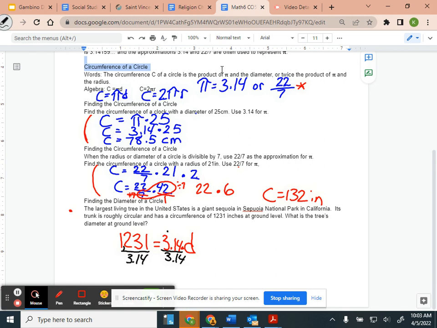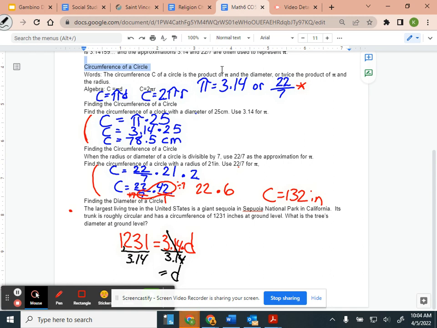3.14 divided by 3.14, we get 1. So we get down to just the diameter. What is 1,231 divided by 3.14, Ryan? 392.821.